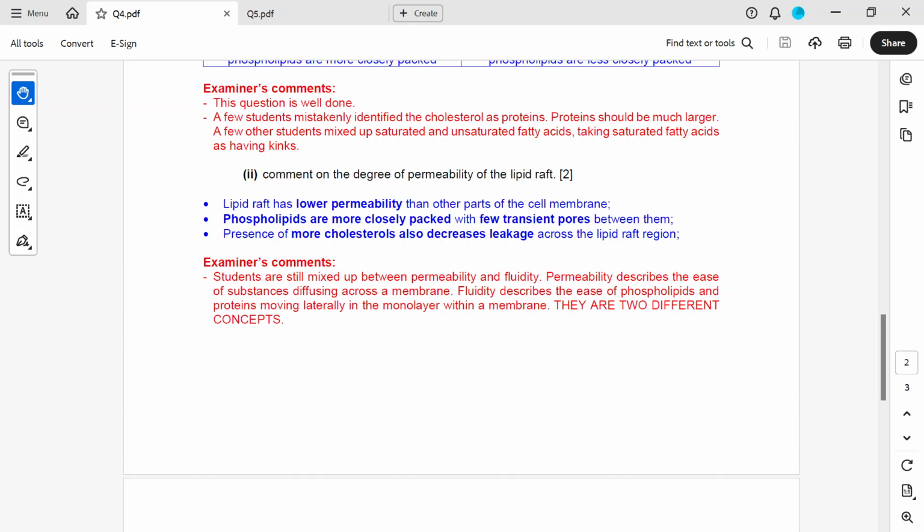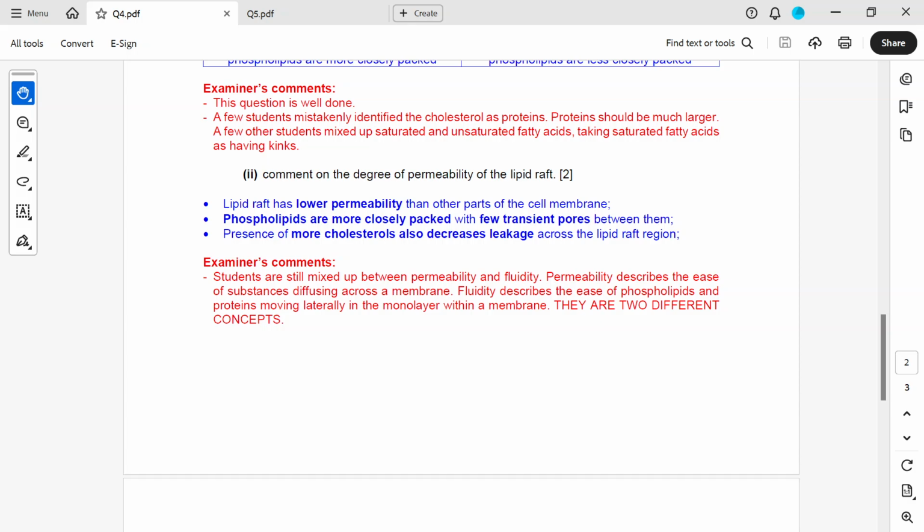So permeability and fluidity are describing different things and therefore are different concepts. They have relations, but they are not the same. So when the question is asking you to comment on the permeability, then there should be a focus on how easy it is for substances to diffuse through the membrane.